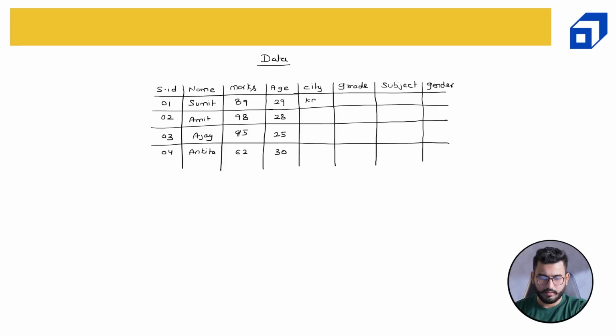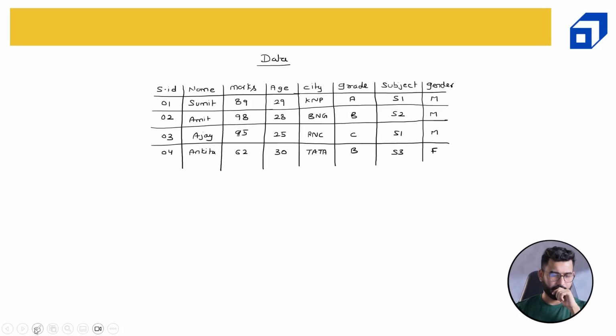City is, let's say, K and P, B and G, R and C, and let's say T A T A. Then grades A, B, C and B. Subjects, so let's use S1 as subject number 1, S2, S1, S3. Gender, male, male, male, female. Now this is my dummy data.